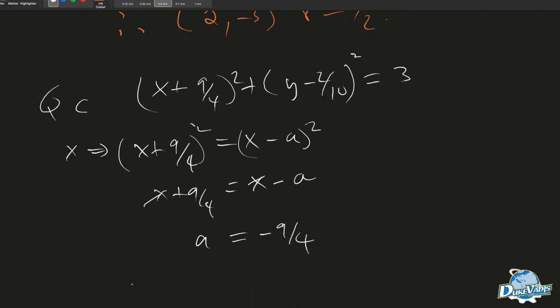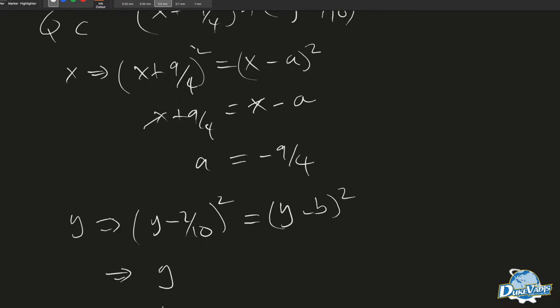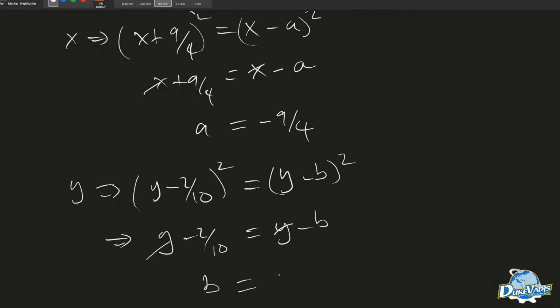Let's tackle the y. We have y minus 2 over 10 squared, equating it to y minus b all squared. Then y minus 2 over 10 is equal to y minus b. This will cancel, so b is equal to 2 over 10, which is equivalent to 1 over 5.